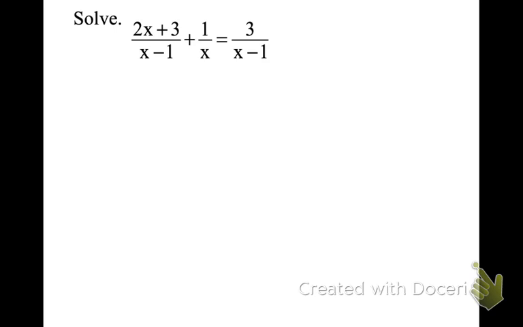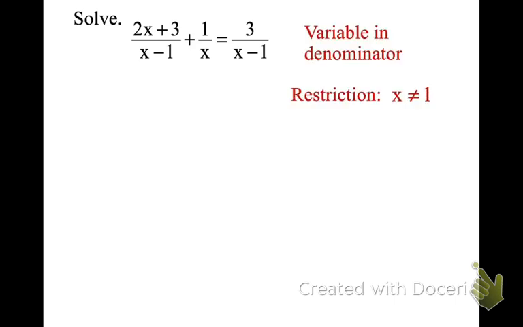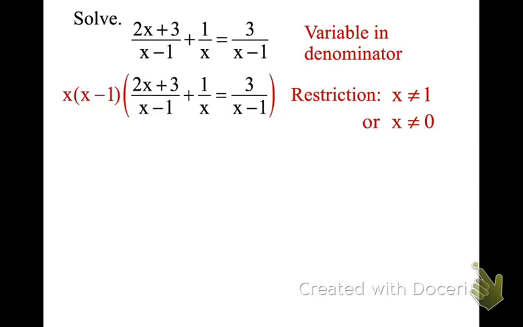Next one. I am on, yep, 2 more left to do. My restrictions are +1 and 0. Okay? My least common denominator is going to be x minus 1 and an x. When I distribute to the first one, I'm left with x times 2x plus 3.